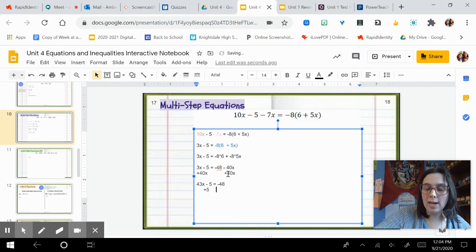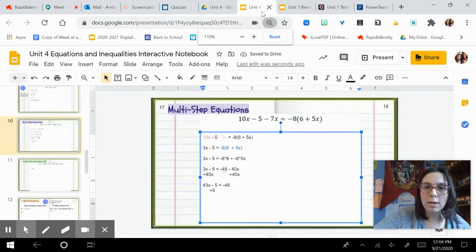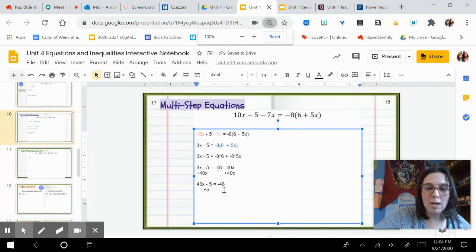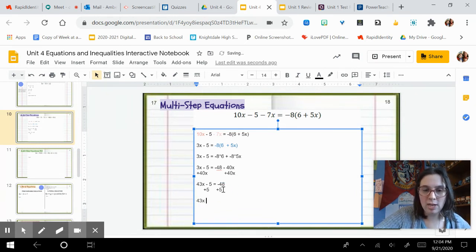And you have to do it on both sides. I keep hitting the wrong button by accident. Plus 5. So bring down the 43x, haven't used it yet. Negative 5 plus 5 is 0. They cancel out. Negative 48 plus 5 is negative 43. Remember, subtract: 48 minus 5 is 43. Take the sign of the bigger number, so negative 43.